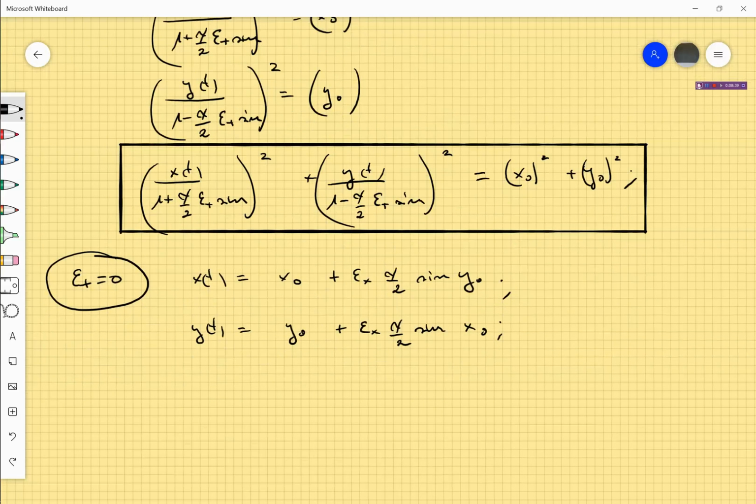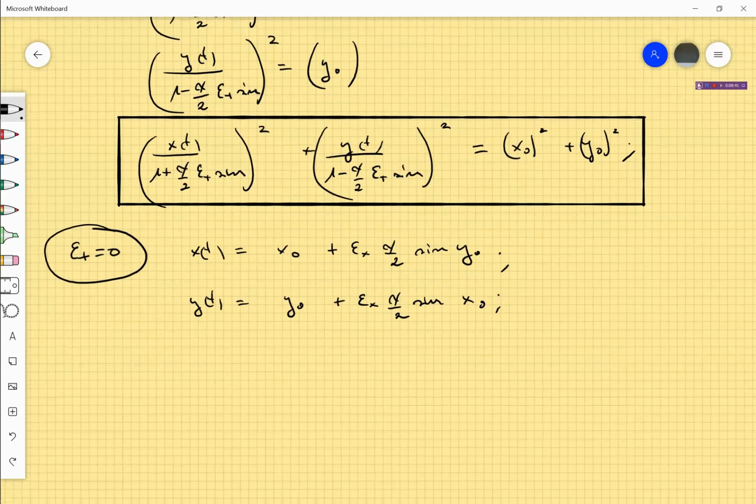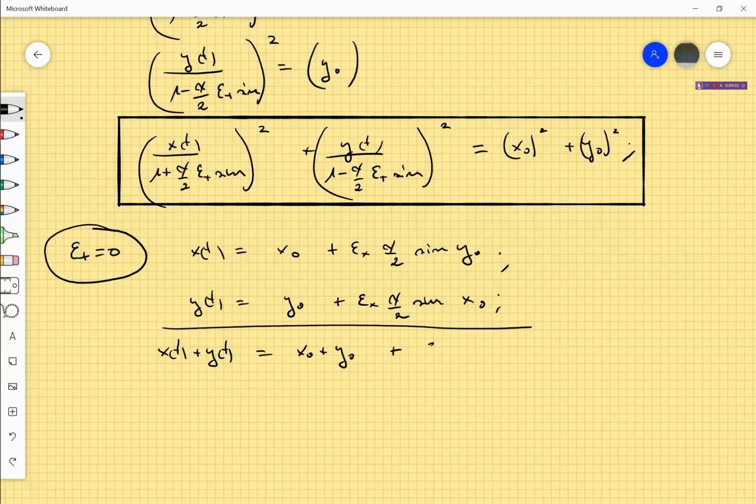This is the other possibility. In this case, what we want to do is to sum these two equations and also to take the sum and the difference. So we get in one case x of t plus y of t, this is x0 plus y0 plus epsilon x chi over 2 this sine, and also x0 and y0 is a common factor, so we can write this in this way.